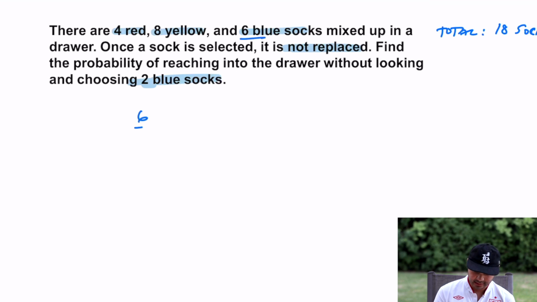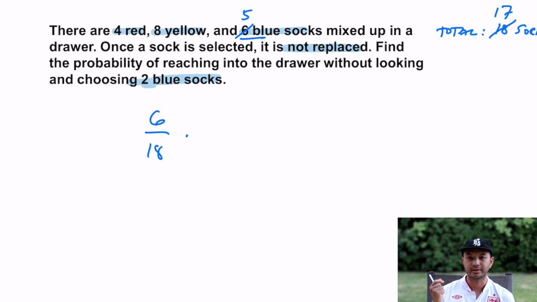That's 6 out of 18 blue socks. That means I took one away because I found a blue sock. Now I have 5 left and 17 total socks because I took away one of the socks. So to get a second blue sock, it's a 5 out of 17 chance.